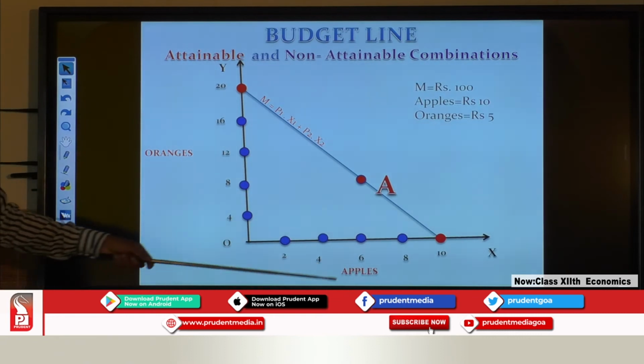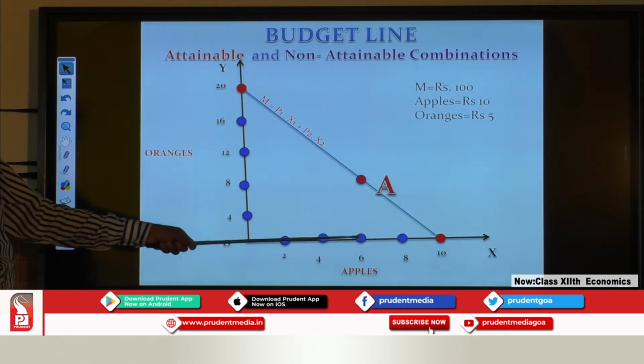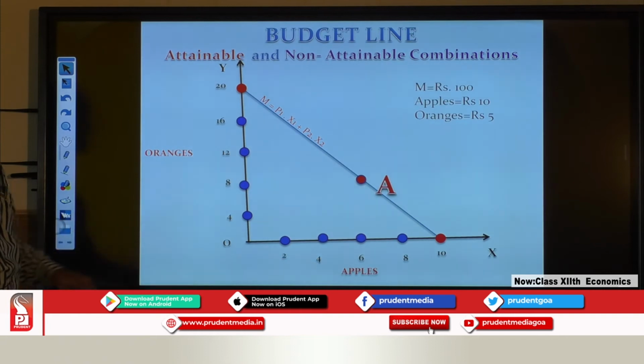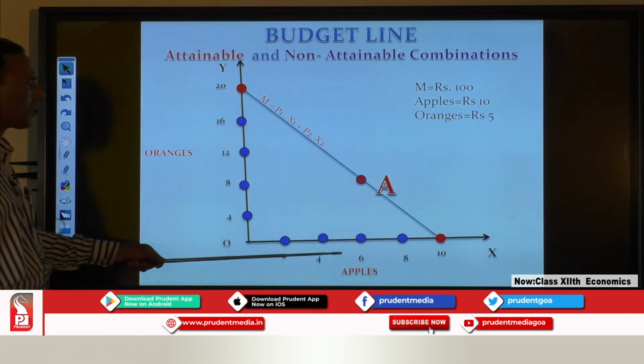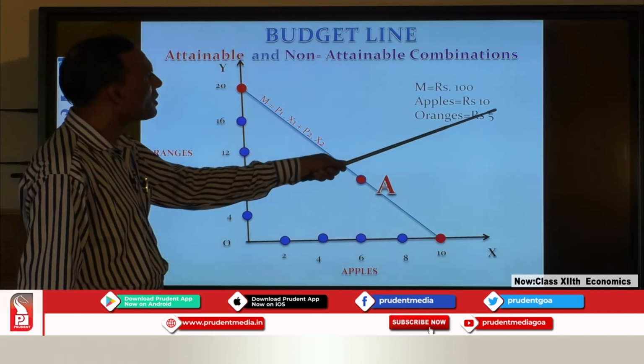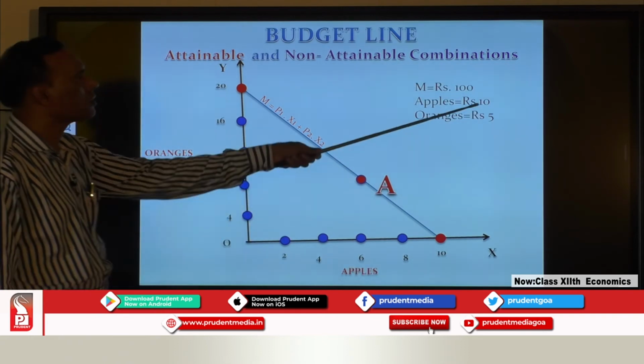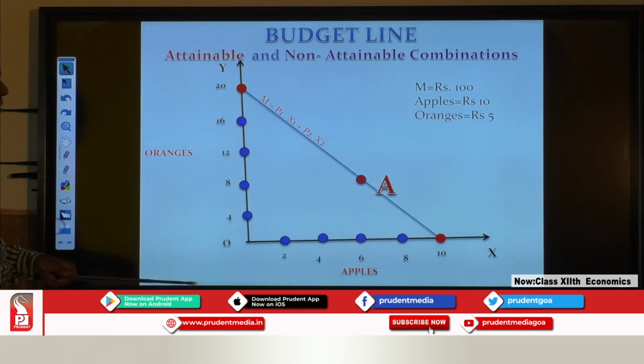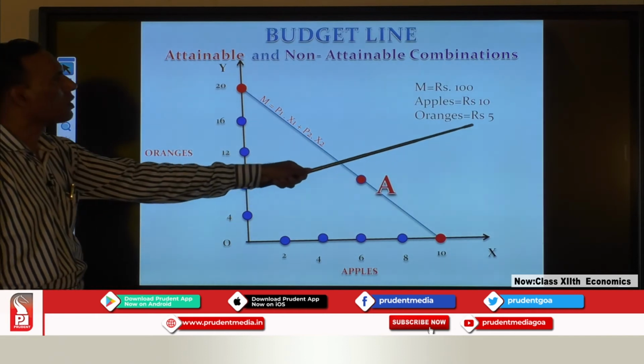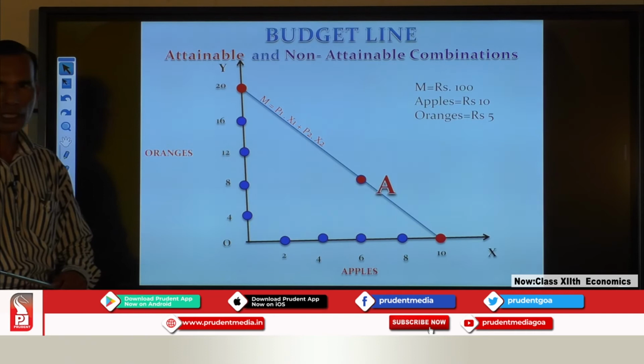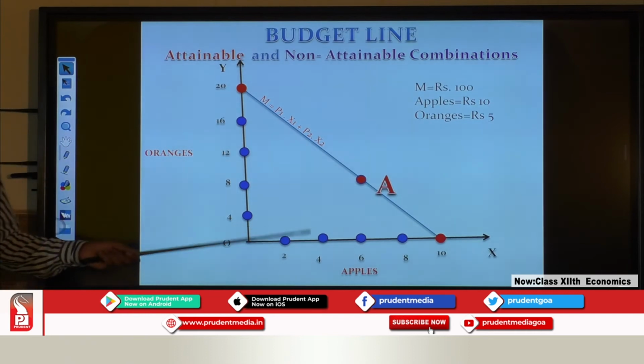As per the graph, the consumer buys 6 apples. So, the cost of 6 apples will be 60 rupees, 6 into 10. And he buys 8 oranges costing 5 rupees each, which will give 40 rupees.